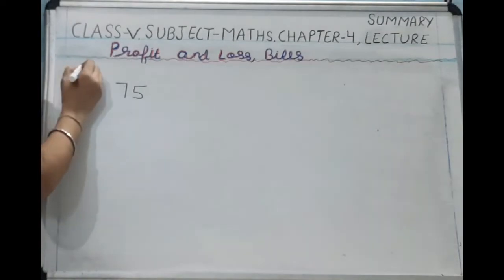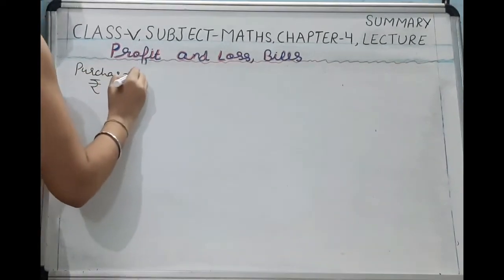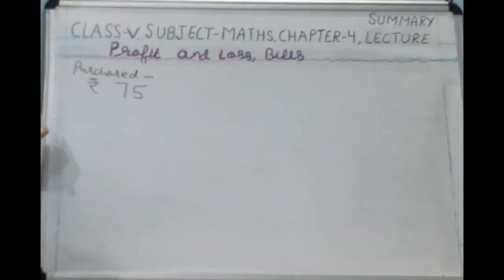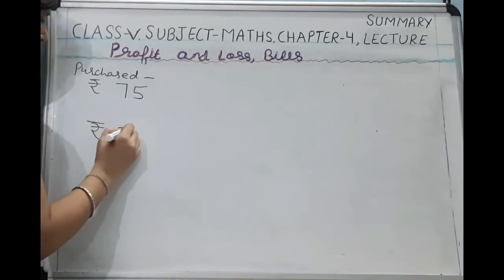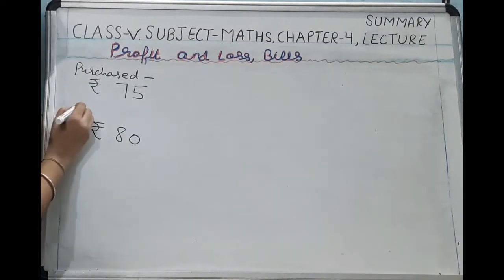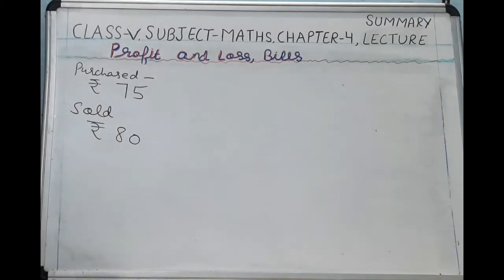I purchased with the price. Okay, keep this in your mind. And then I sold this to my friend, and I got rupees 80 from him. So I have sold it at rupees 80.